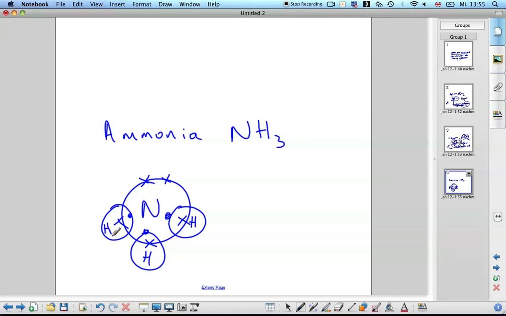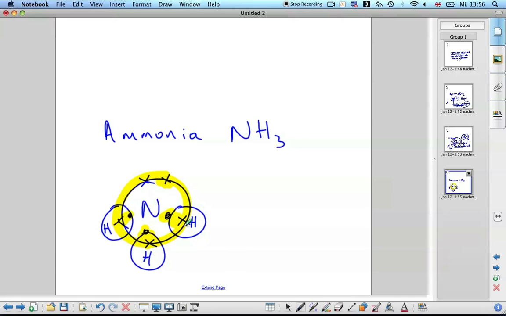Now look, round about the nitrogen, you have 1, 2, 3, 4, 5, 6, 7, 8 electrons.